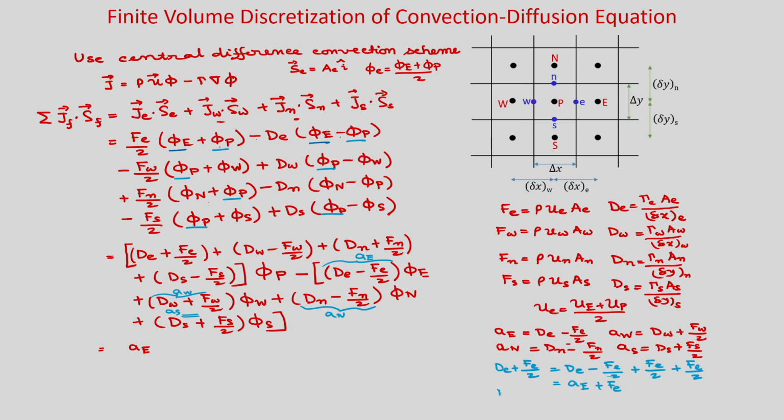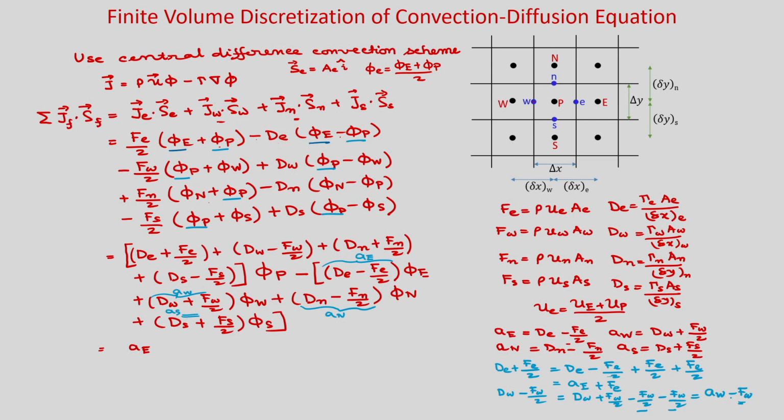Okay. And similarly, d w minus f w by 2, what you can do, the second term you can write d w plus f w by 2, and you subtract 1 f w by 2, there will be no change, then minus f w by 2. So, this you can write as A w minus f w, okay, because this minus f w by 2 and minus f w by 2 will be minus f w.